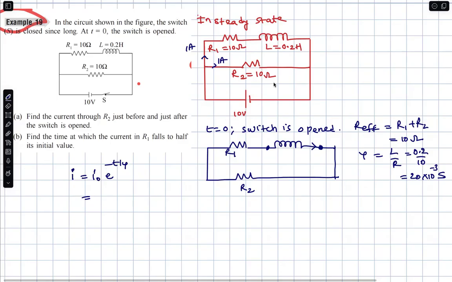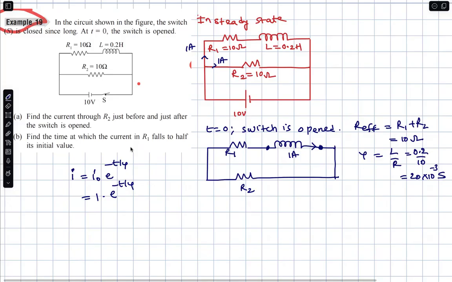I naught means at the instant, what is the current? 1 amp at t equal to 0. So 1 into e to the power of minus t by tau. Find the current through R2 just before and just after the switch is opened. It is 1 amp, obviously.